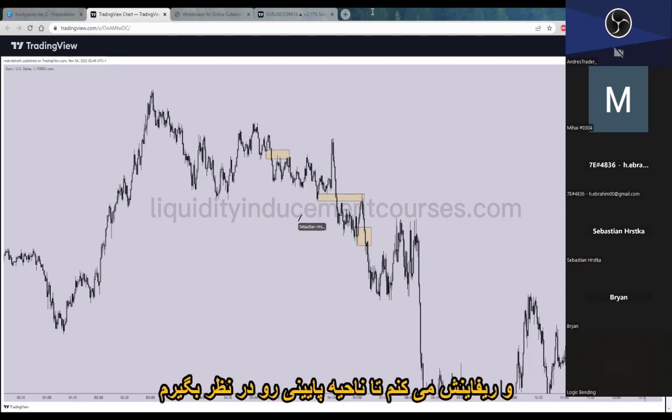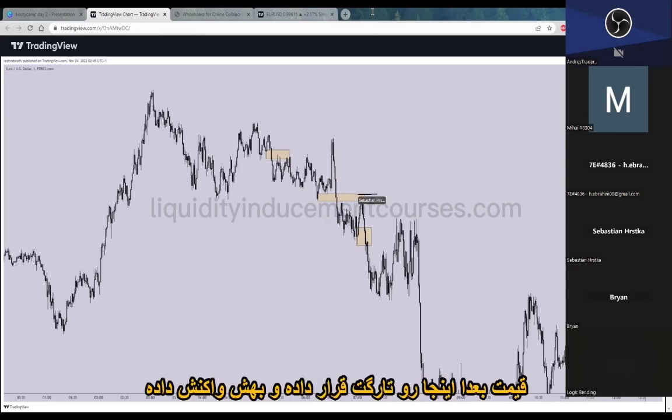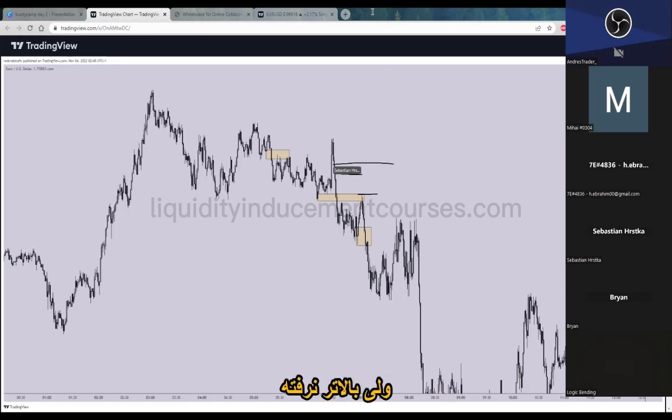We just refined it to the bottom. And price later on targeted this and reacted off this, but it didn't fit into the photo. Again, this is the last sell to buy. This is the whole breaker, but we already had a reaction right here, and that became breaker liquidity.